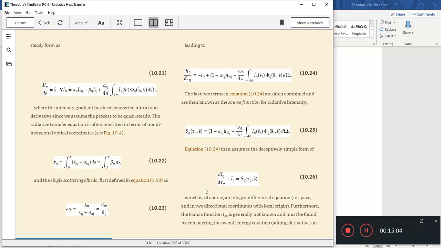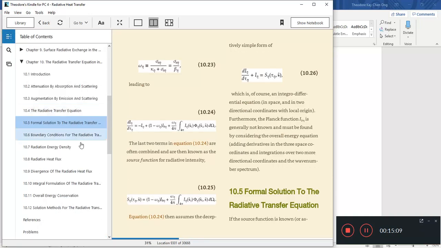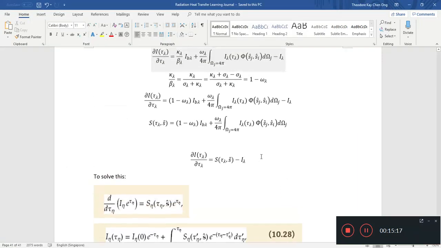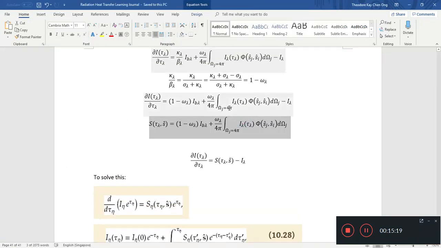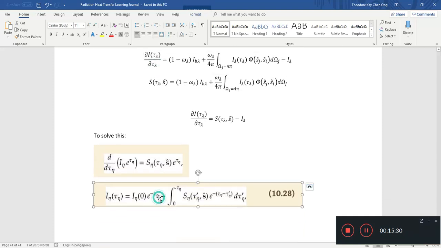So there will be more methods, analytical and numerical methods, that we want to discuss going forward. But this is it. Basically you have this tau lambda, which is the optical thickness, specific to each wavelength, or in this case specific to each wave number.